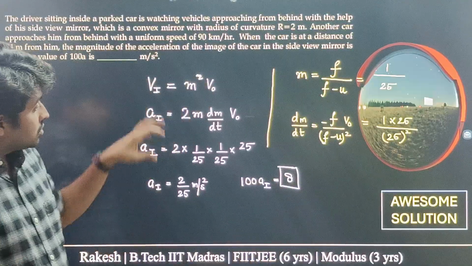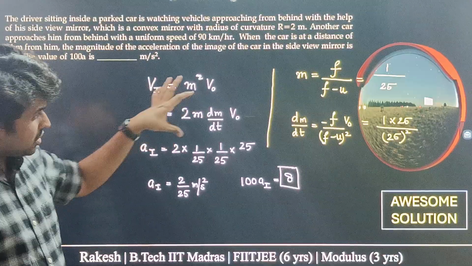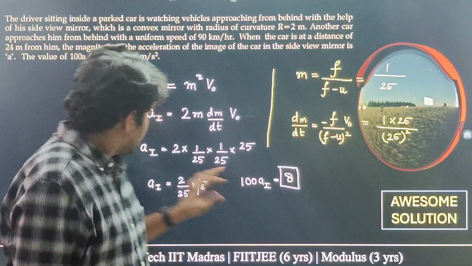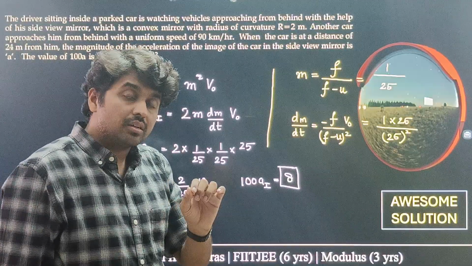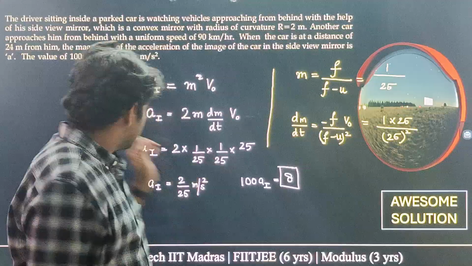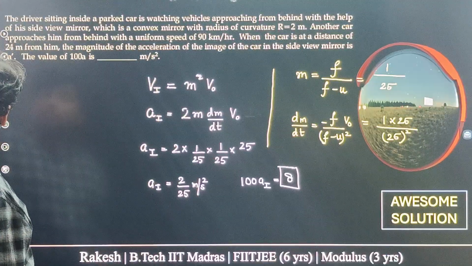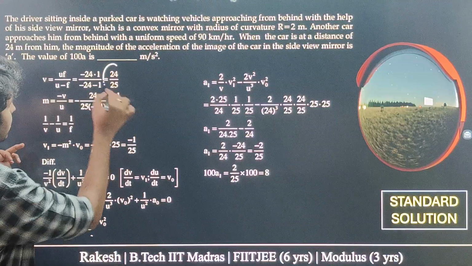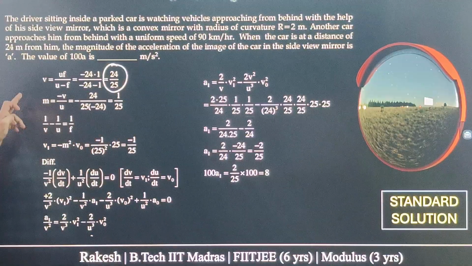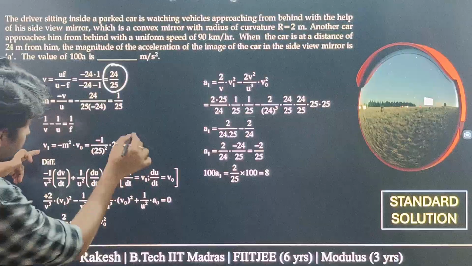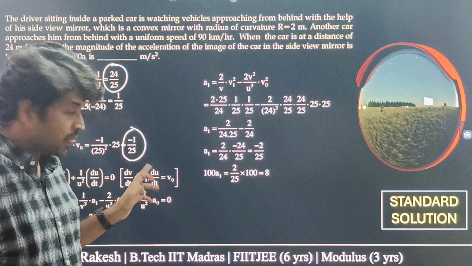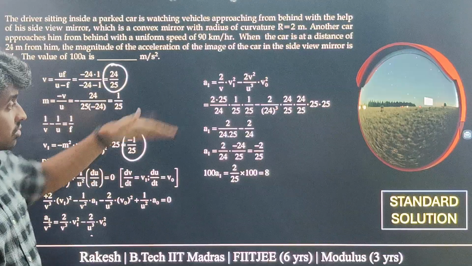So you see how in a very short manner we were able to solve this question. The difference between the standard solution and this solution is that in the standard solution, you're finding the position of image and the velocity of image, and that is why more steps are coming.